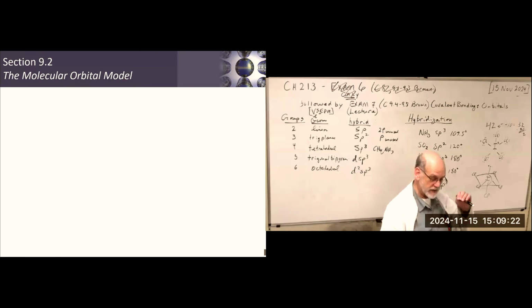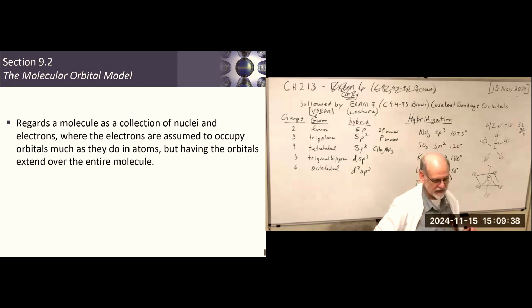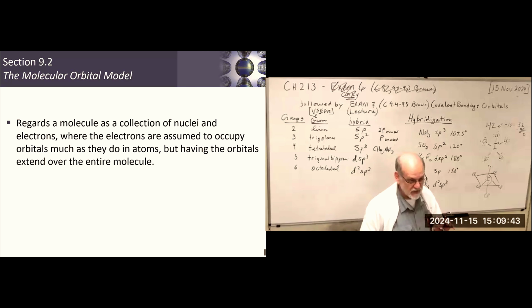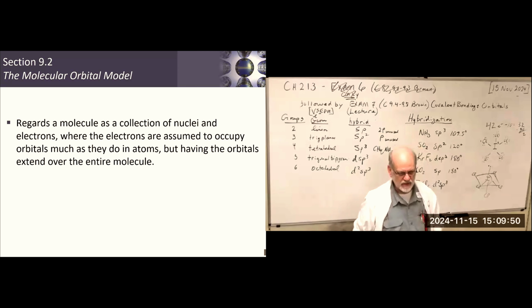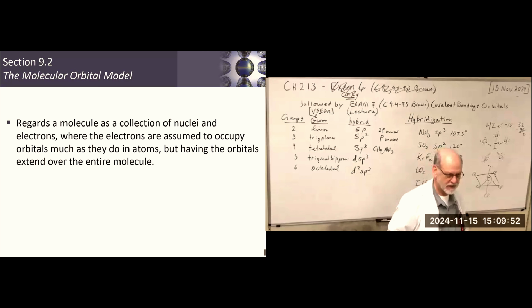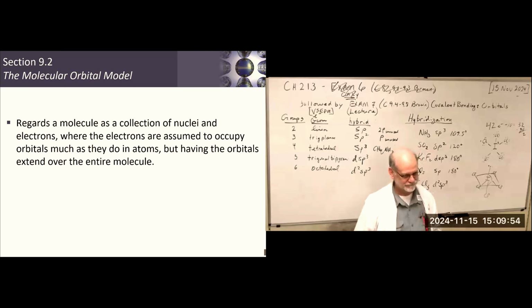Okay, now we're going to go historically. This came later. It's still based upon the quantum mechanical equations. But the equations are modified to accommodate a situation where all the electrons in a molecule are shared by every atom in the molecule. It's like chemical communism, right? All the electrons are held in common.